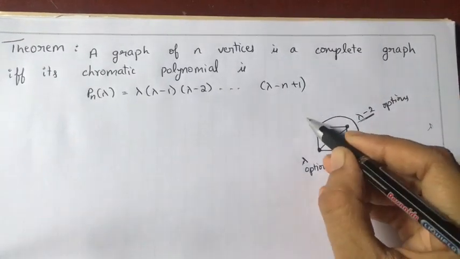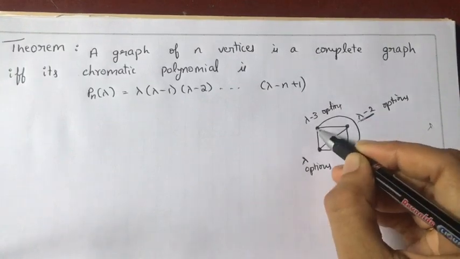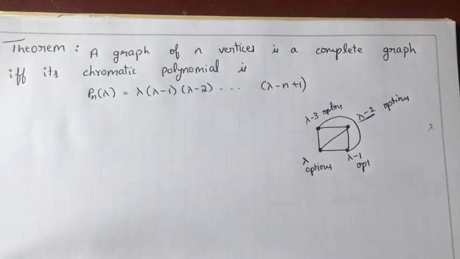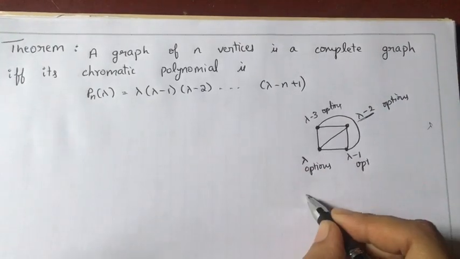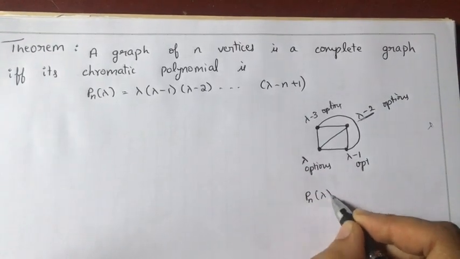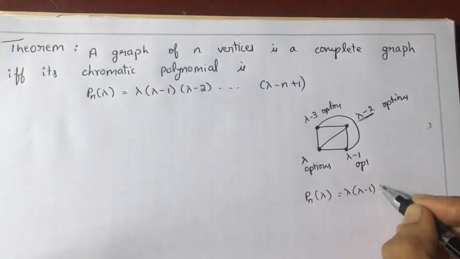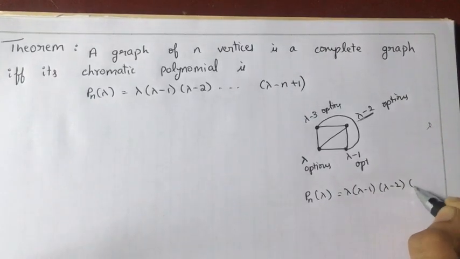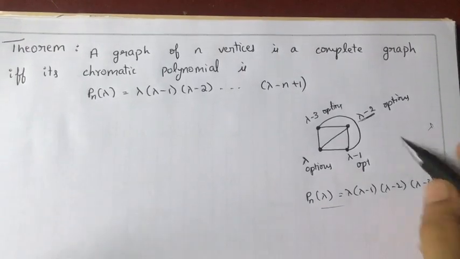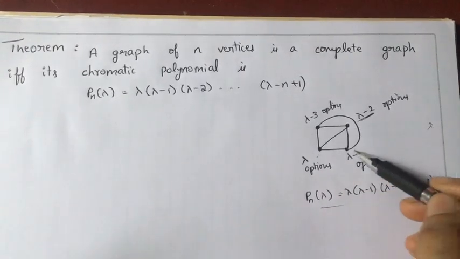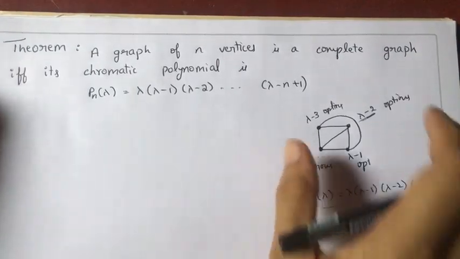So I have got lambda minus 3 options for proper coloring of this vertex, right? So overall for this graph, the chromatic polynomial will be lambda into lambda minus 1 into lambda minus 2 into lambda minus 3. This is the complete graph on 4 vertices. In general, this is how it works.